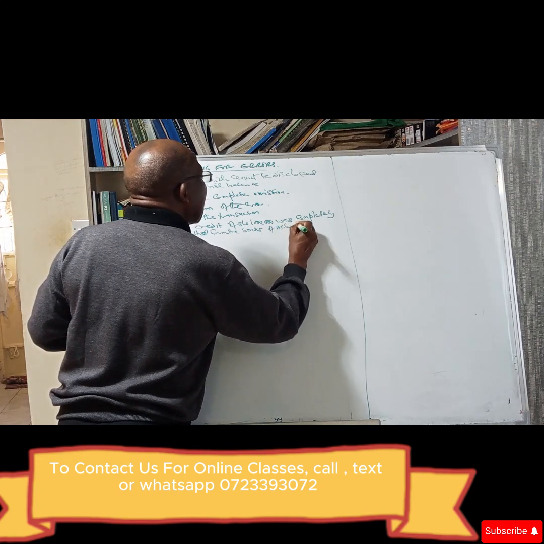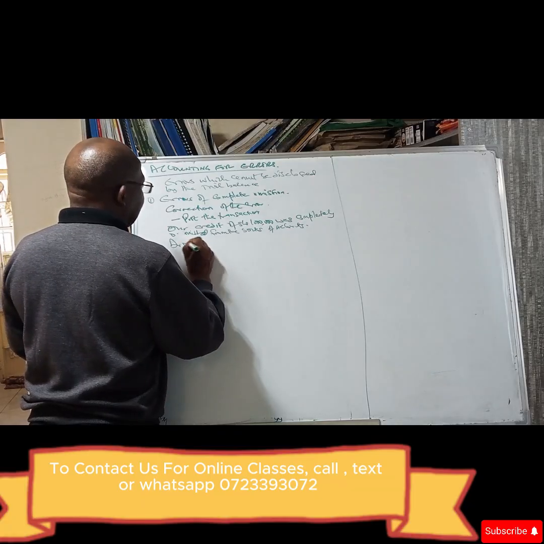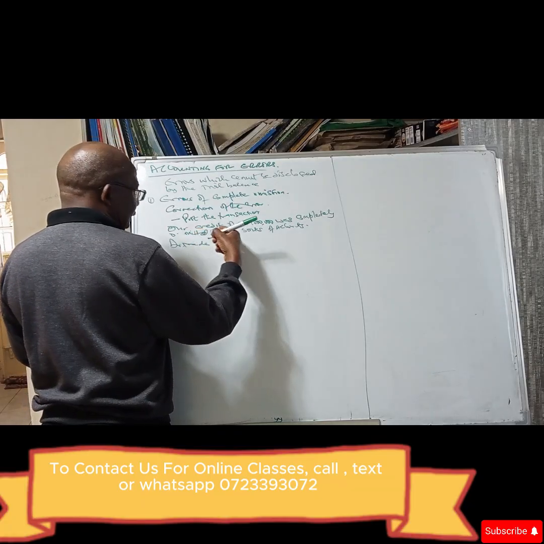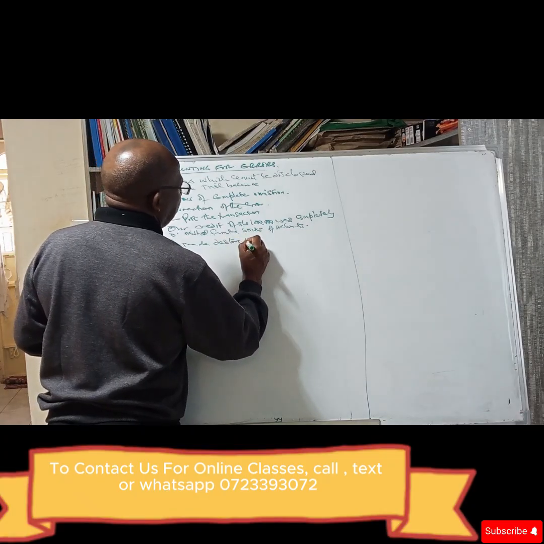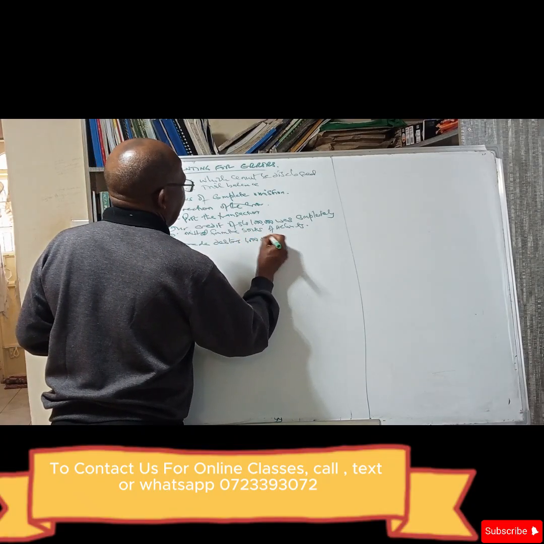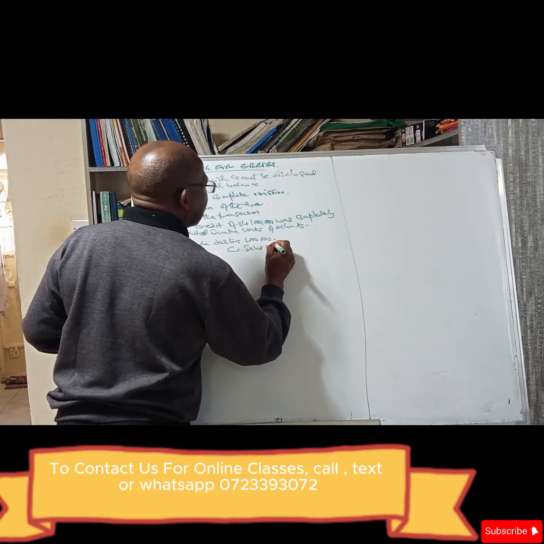So the debit and credits were not done. So what do we do? Because it was a credit sale, we debit trade debtors with 1 million shillings, and we credit sales with 1 million shillings.